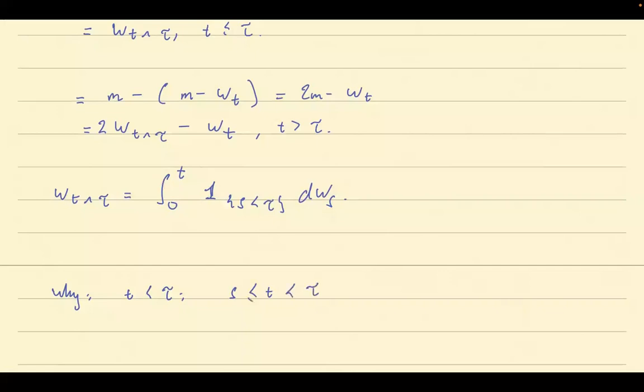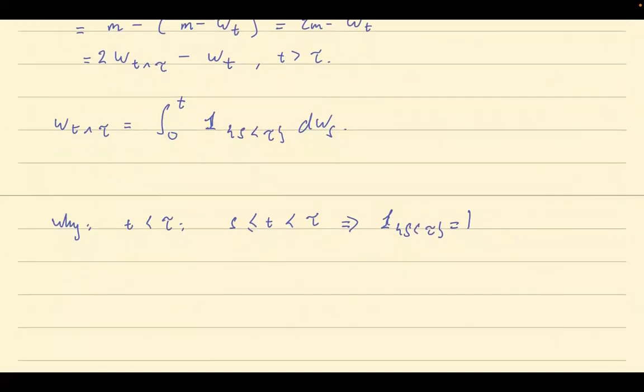In other words, this indicator is always 1. So the integral of the indicator of s less than tau, dWs, is just the integral of 1, which is WT.